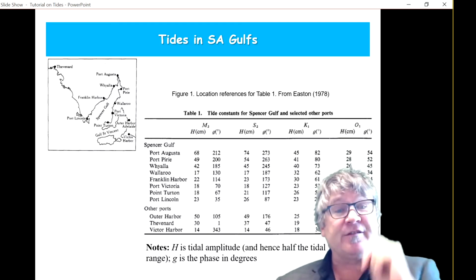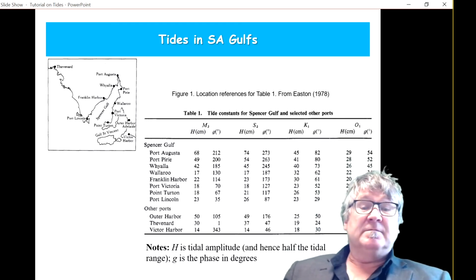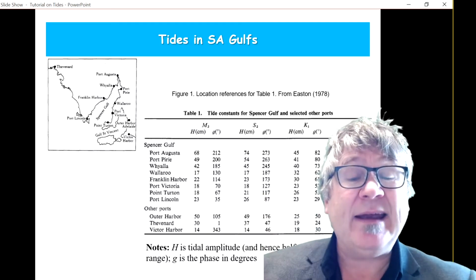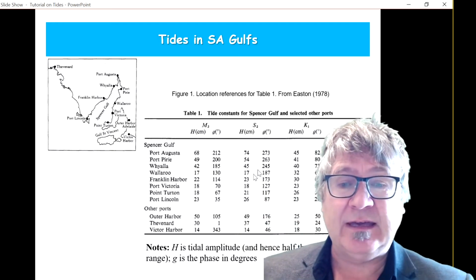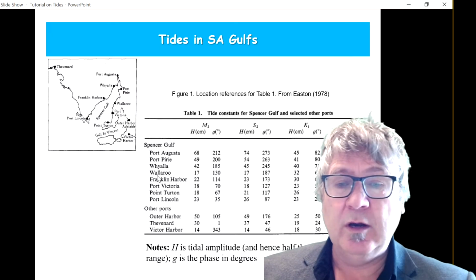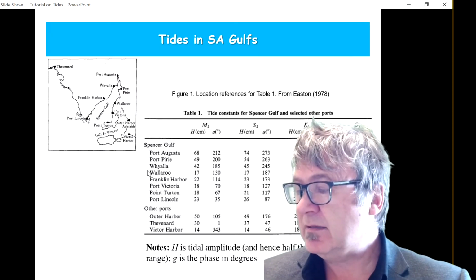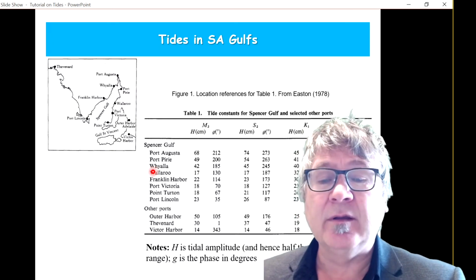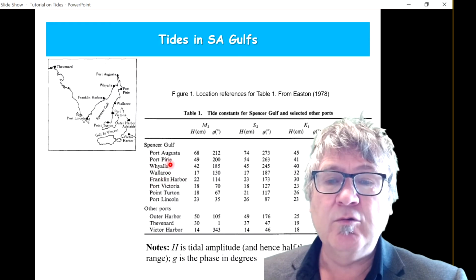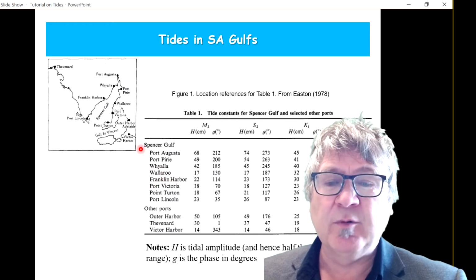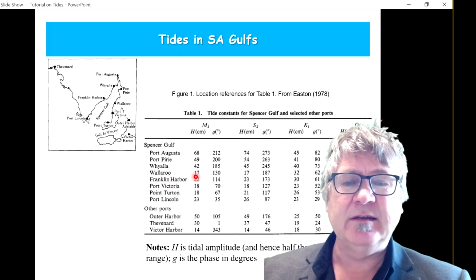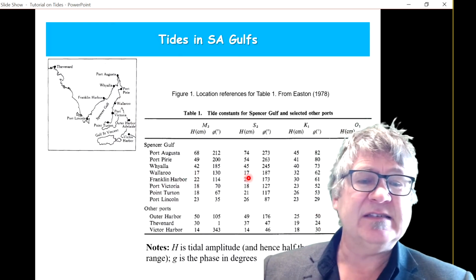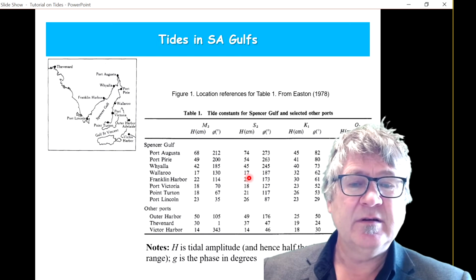So now the other feature that is pronounced. Let's compare the amplitudes of the M2 and the S2. So you look here and look at Wallaroo. Let's see, Wallaroo. I'll get the pointer on. Where's Wallaroo? Wallaroo is up here, halfway. Wallaroo, 17 centimeters, 17 centimeters.